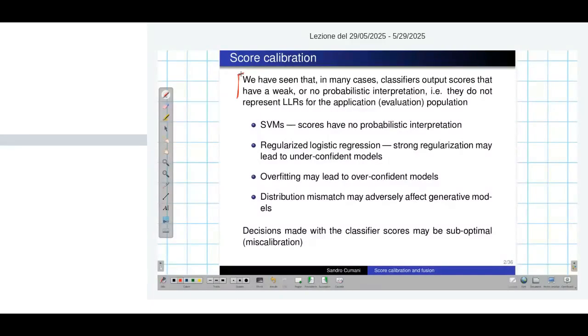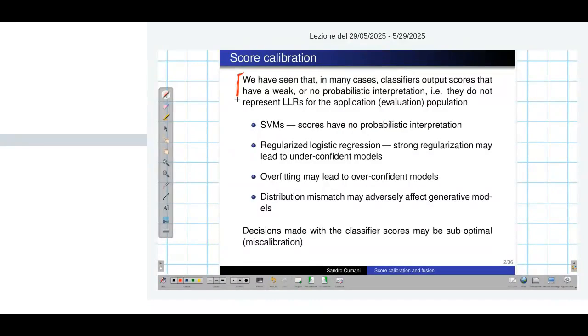Okay, then let's go back to what we did and let's analyze what happens for our models. We have said that if everything goes well, we have a classifier that gives class posteriors, or likelihood ratios if we prefer.